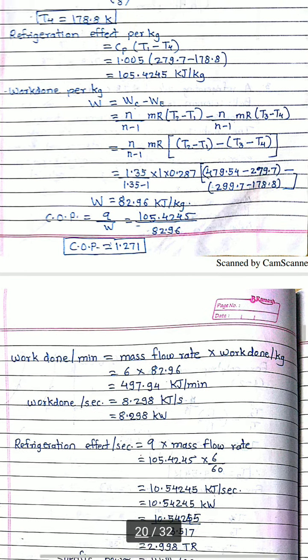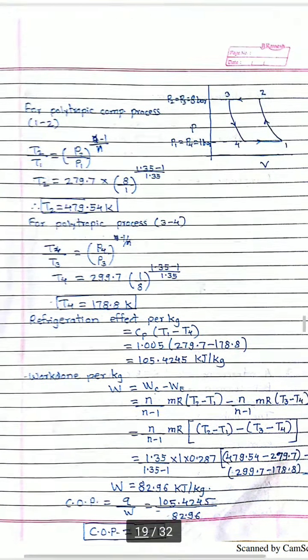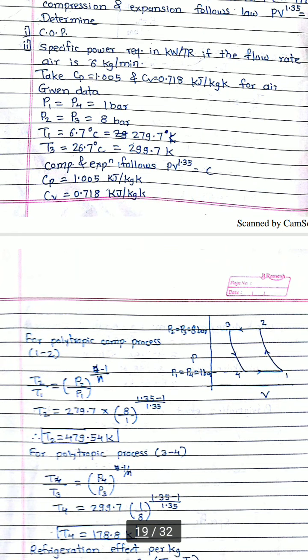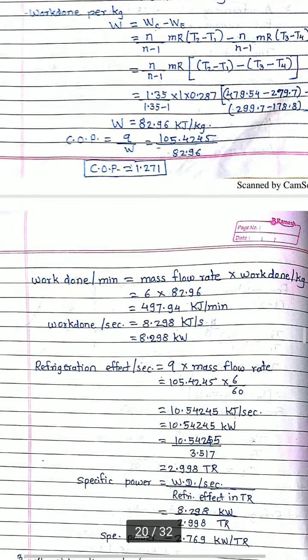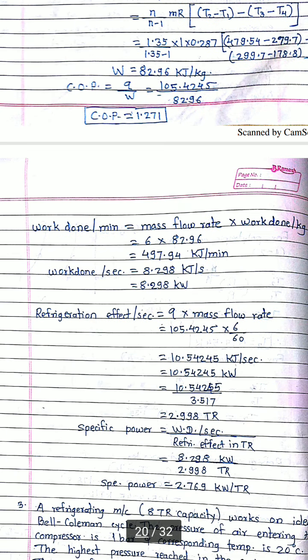But they have asked to calculate the specific power required in kilowatt per TR. Kilowatt per TR. But here we have calculated the work done in kilowatt and the refrigeration effect in kilowatt.